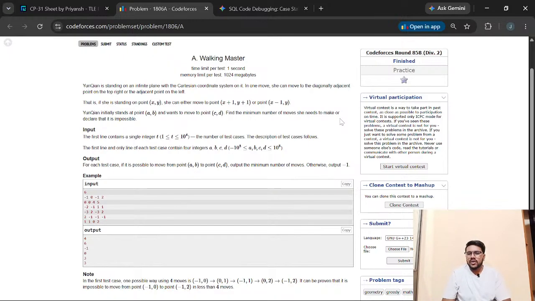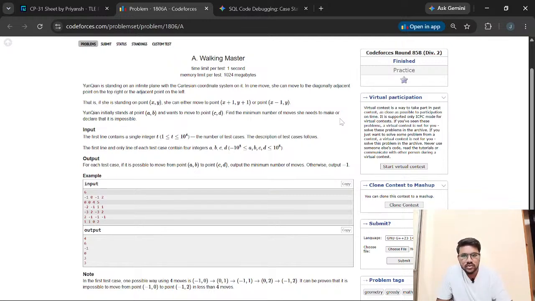Standing on an infinite plane with Cartesian coordinate system on it. In one move, she can move to a diagonally adjacent point. Wait, I'll read it again. Yunqian is standing on an infinite plane of Cartesian coordinate system. In one move, she can move to the diagonally adjacent point on top right or top left.